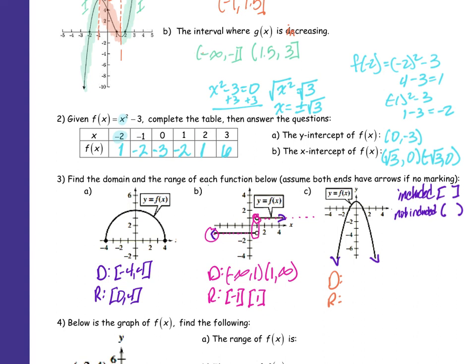If I wrote it this way, -1 to 1, that means it's -1 and every number in between -1 and 1, including all this space. Is there anything in there that's part of that graph?